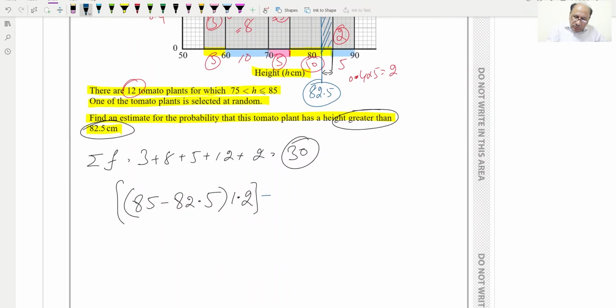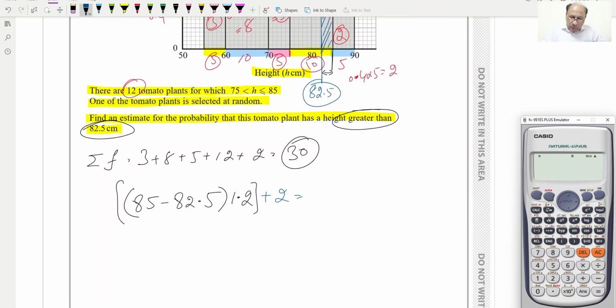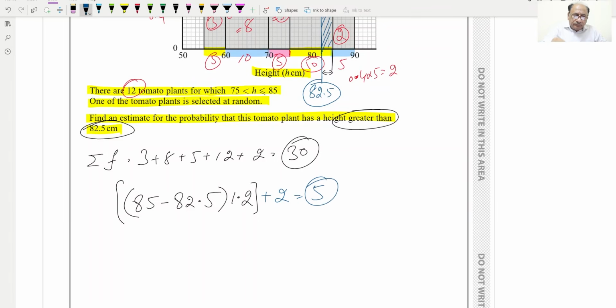So we'll add 2 to this, and the calculation is in brackets 85 minus 82.5, bracket close, multiplied by 1.2, plus 2, is equal to 5. So this is equal to 5.